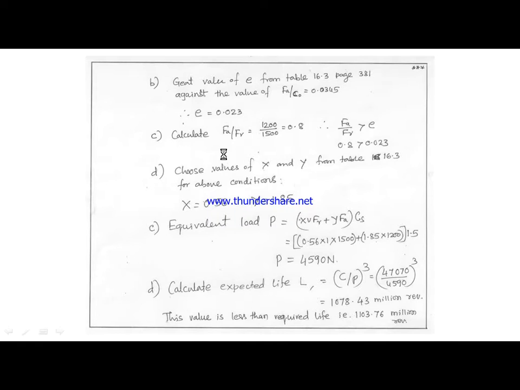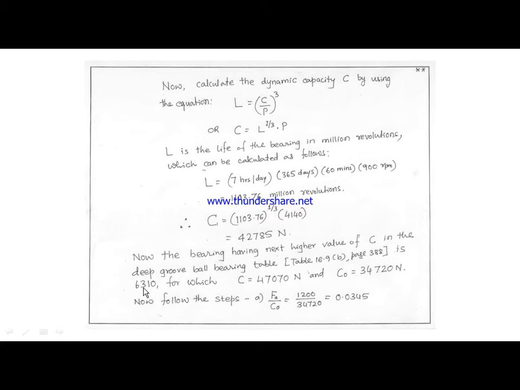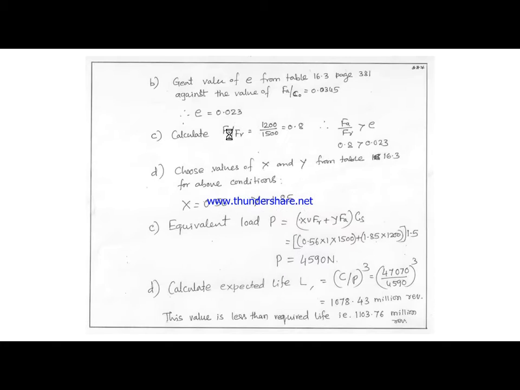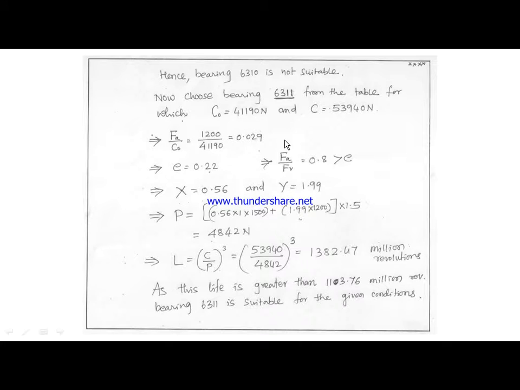Earlier it was 6310, diameter 50 millimeter, 3 series deep groove ball bearing. Since 6310 is not suitable, we will move from 6310 to 6311. 11 means 55 millimeter diameter.